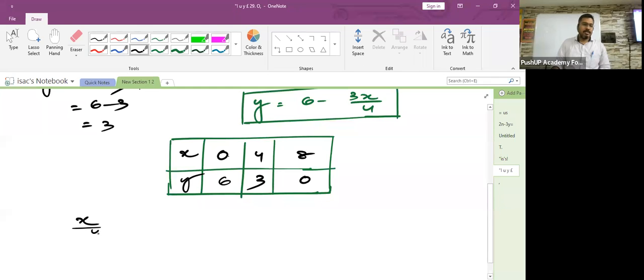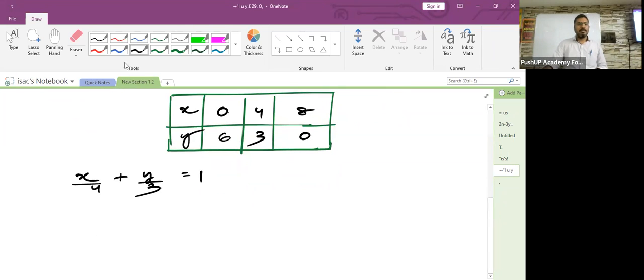The second equation, x upon 4 plus y upon 3 is equal to 1. What is the LCM? 12. Very good. So I'll write 12 as the LCM here. Now, 12 divided by 4 is 3, and 3 into x is 3x. Put the plus sign. 12 upon 3 is 4, and 4 into y is 4y, which is equal to 1.